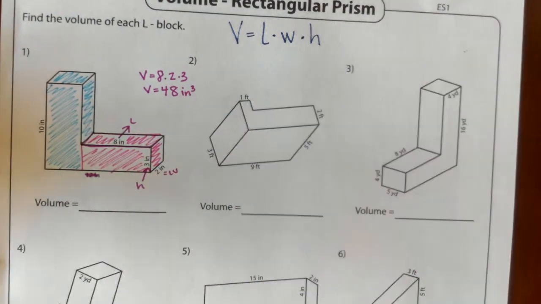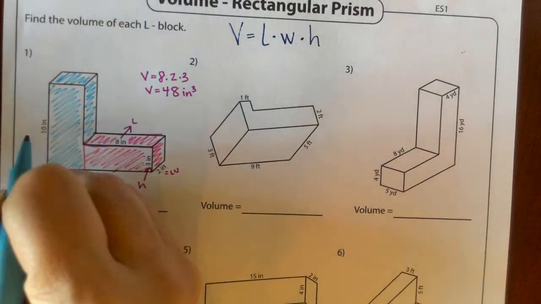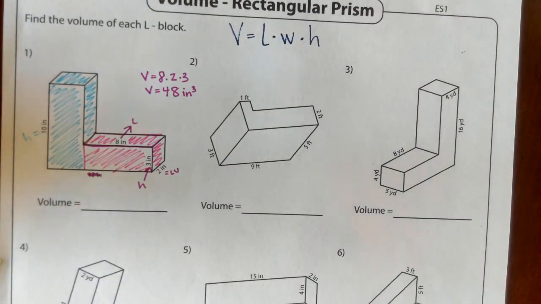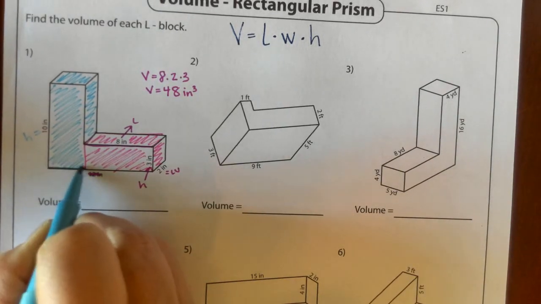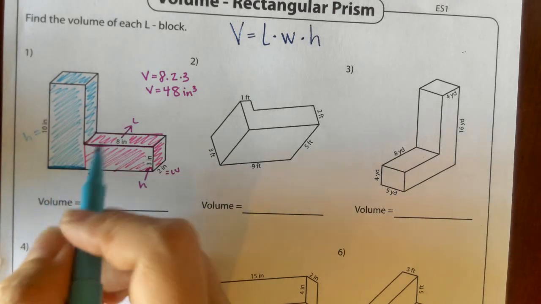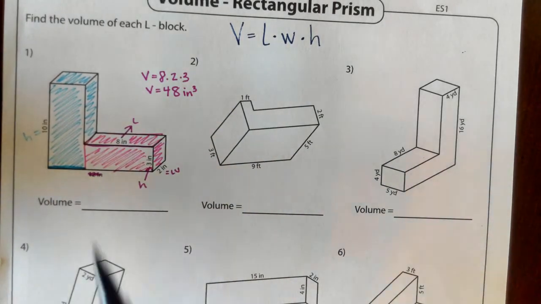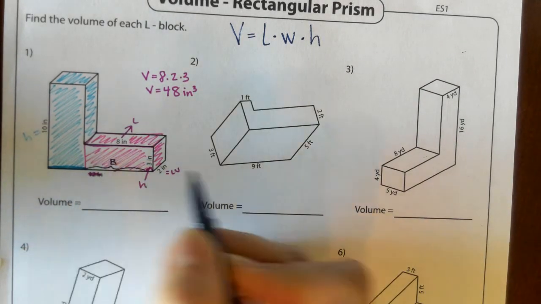Okay, so now it's time to figure out my teal or blue box. We know it has a height of 10. We need to figure out its length and its width. So remember I said the 12 was for both shapes. So hopefully we remembered that the pink shape was 8.